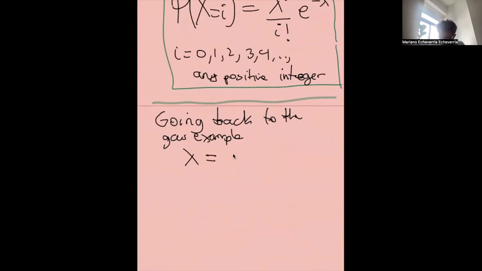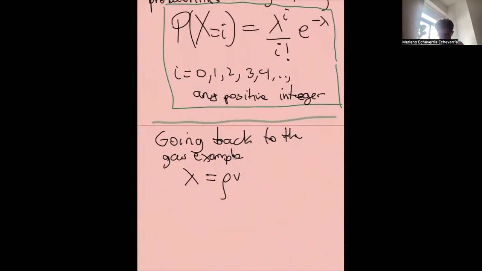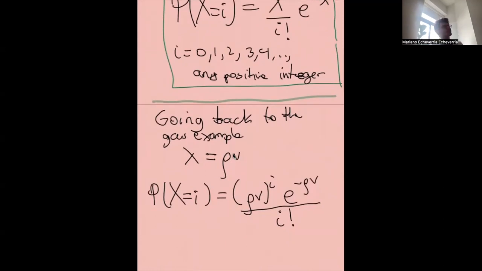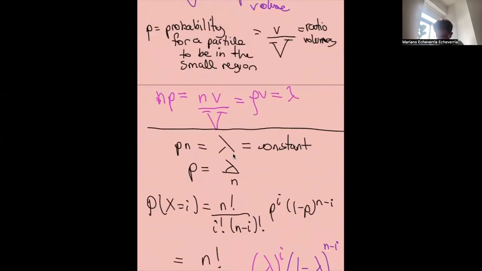I'm trying to make this rho clearly different from the letter p of probability. So here the probability that x equals i would be rho v to the i e to the minus rho v divided by i factorial. A success is interpreted as having a particle inside the small region you chose in the container.